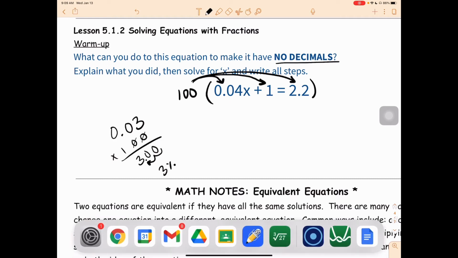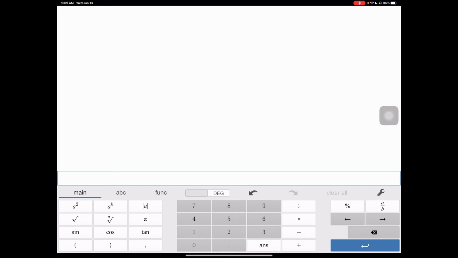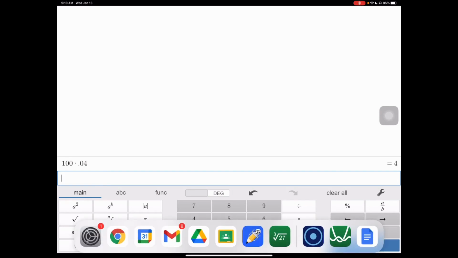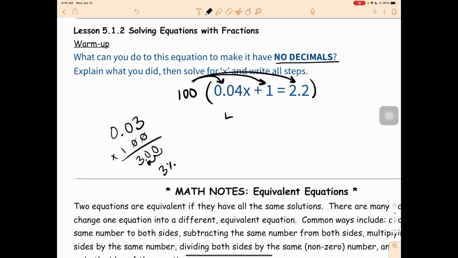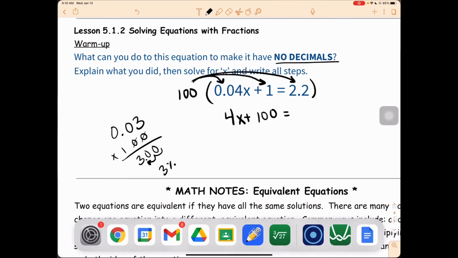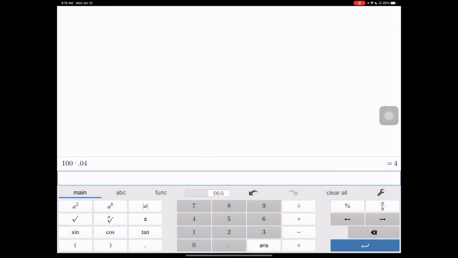So if we were to do 100 times 0.04, I get 4, okay? So this is going to be 4x plus 100 times 1 is just 100.